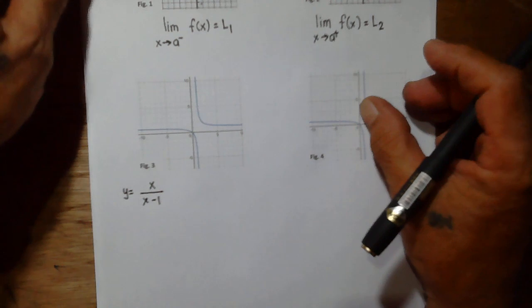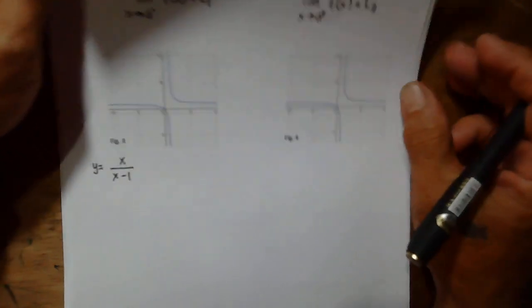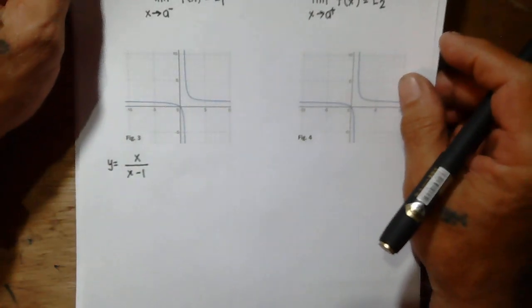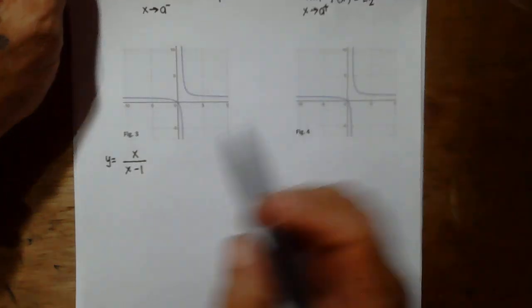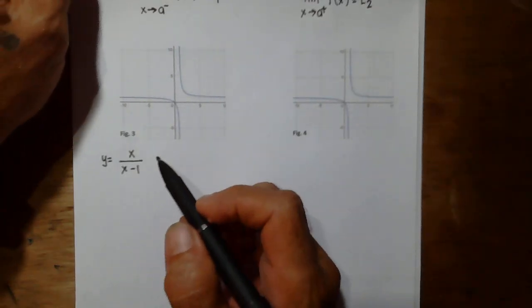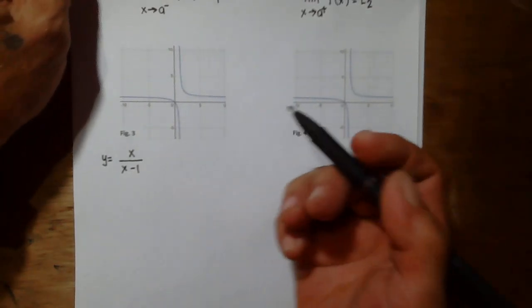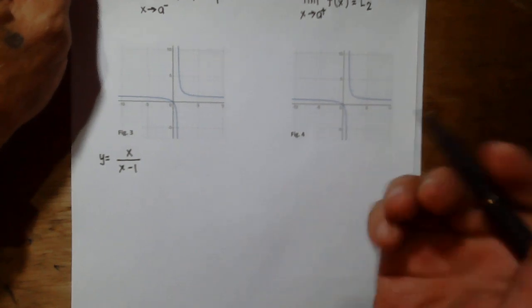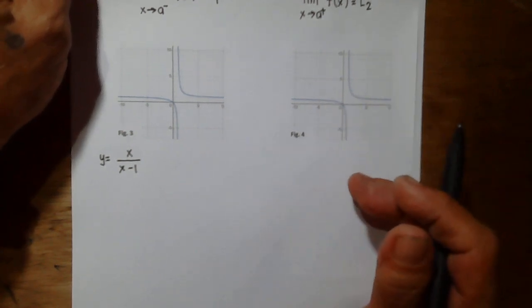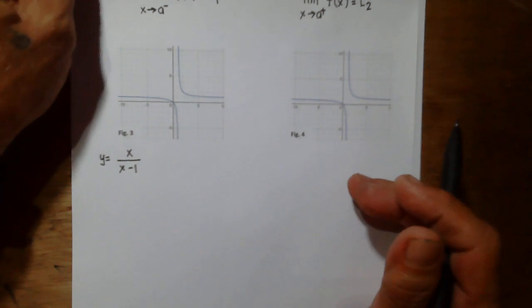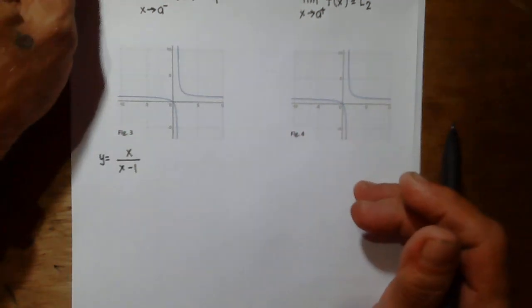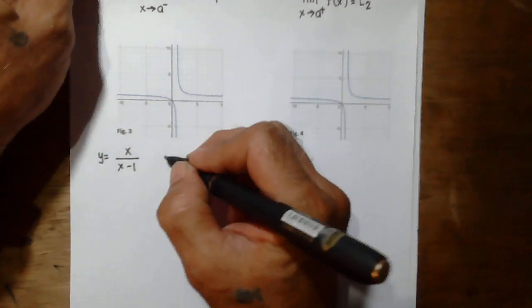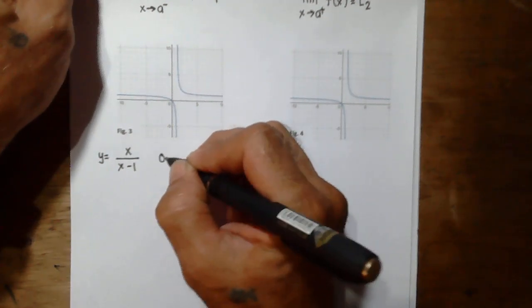Now we try to find the left hand limit of the function f of x, or the function x over x minus 1, as x approaches 1 from the left side. To do this, we will assign a number from the left side of 1 but not equal to 1. And this could be 0.99.